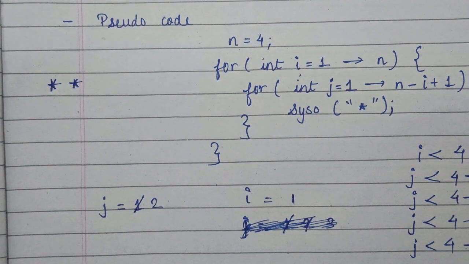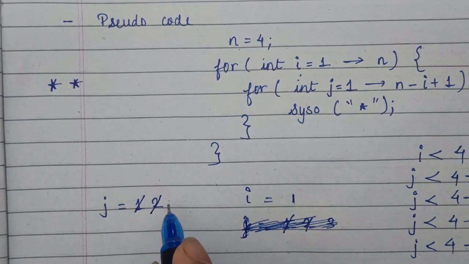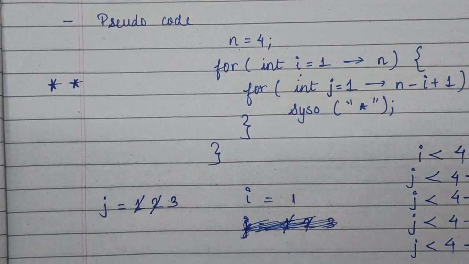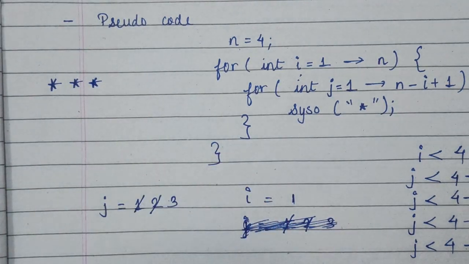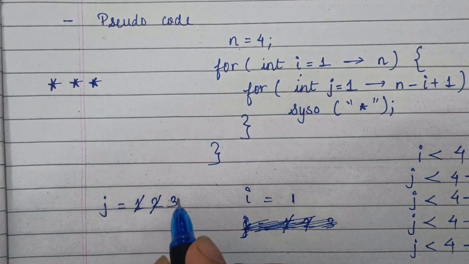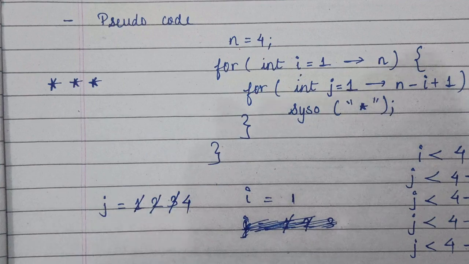Okay, now j value will again get updated by 1. Now it will check: is j less than or equal to 4, means 3 is less than or equal to 4? Yes, then it will print a star. Now j gets updated by 1 and j's value is now 4.